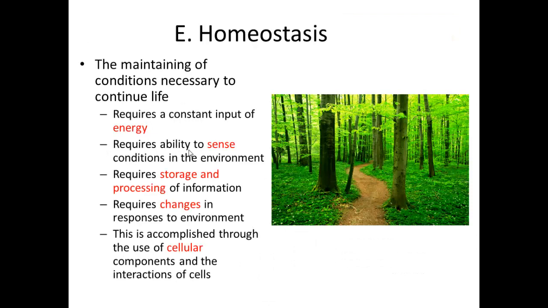Homeostasis then requires a constant input of energy. We've talked about this a couple times. And within the range of homeostasis, you have also conditions which will not allow life. Within the range which allows life, you need a constant input of energy. You need the ability to make sense of your environment: is it light?